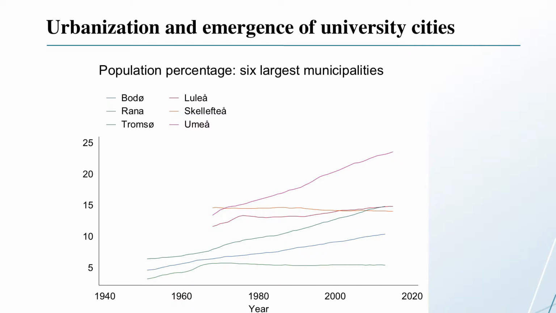And of course the pattern internally in the region is approximately the same. Umeå now has around 20% of the people living there, and around 10-15% of the population of northern Norway are living in Tromsø.